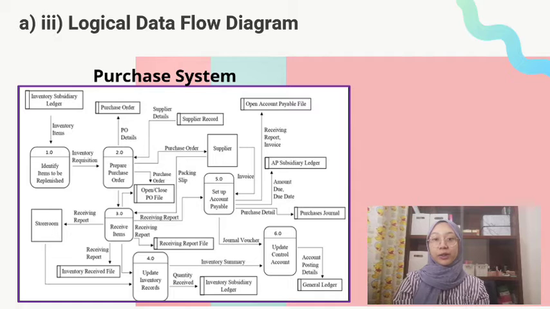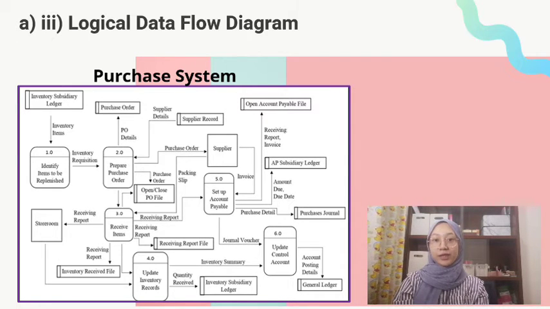The clerk then manually prepares 4 hard copies of the receiving report to send to the storeroom, account payable department, and inventory control department. A 4th copy of the receiving report together with the packing slip and purchase order are filed in an inventory receipt file chronologically.